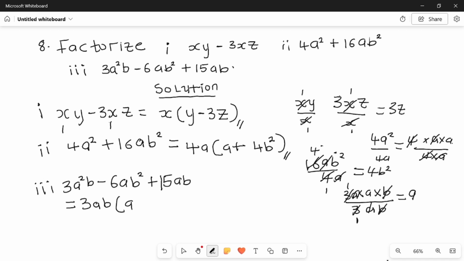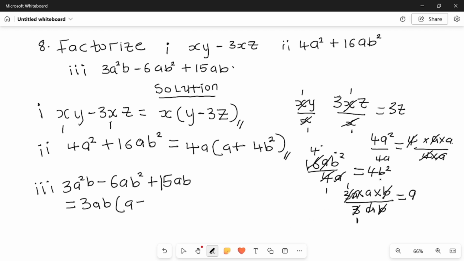So we check the sign. There's a plus here, right? There's a plus here before the 3ab. And there's a negative sign here, minus 6ab. So plus times minus will give us minus. So write minus here. Then next up, we have 6ab squared divided by 3ab.